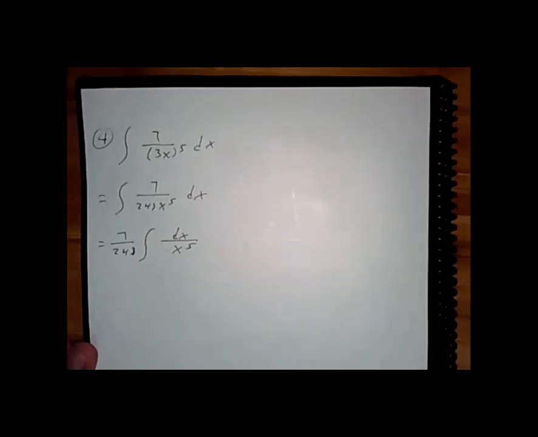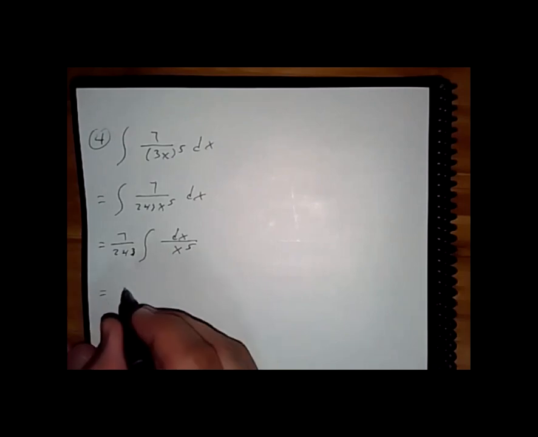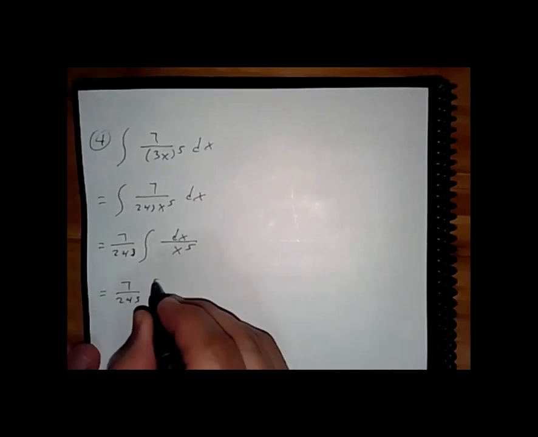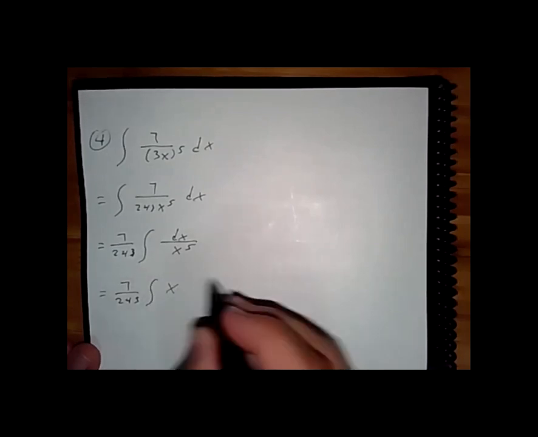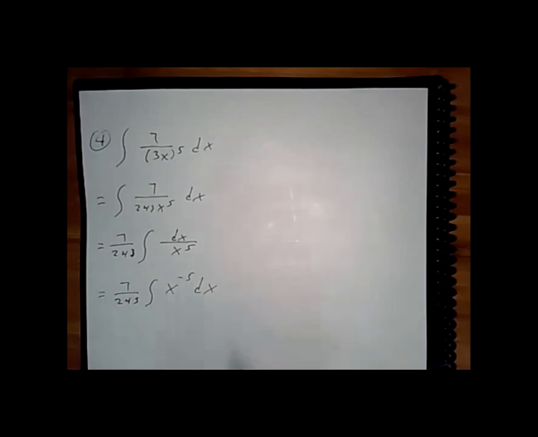See what I mean? Then you pull this up to the top. So that becomes x to the -5 dx. So at that point, you just do the power rule, right?